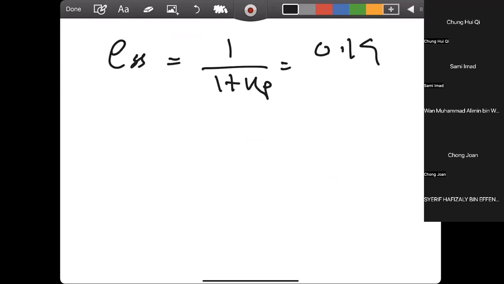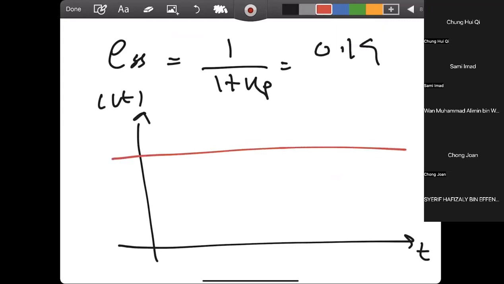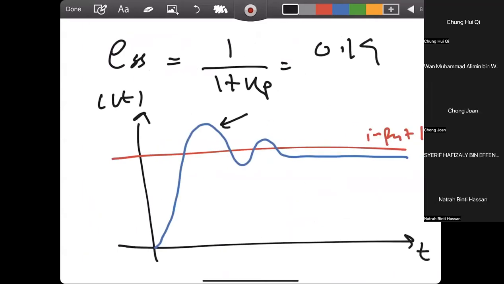So therefore the plot is like this, time response. So this is the input. And the output is something like this. Where this is 24.5% overshoot.